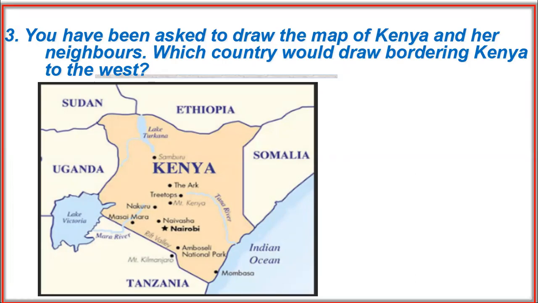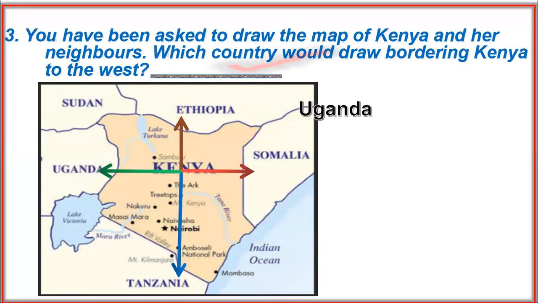So to the north, we have Ethiopia. To the east, we have Somalia. To the south, we have Tanzania. And to the west, we have Uganda. So the correct answer here is Uganda. To the west is Uganda.